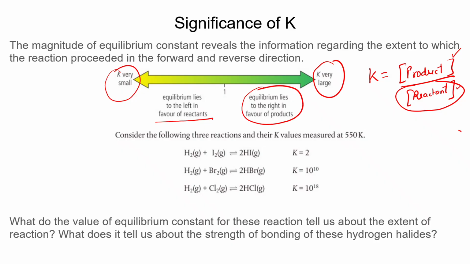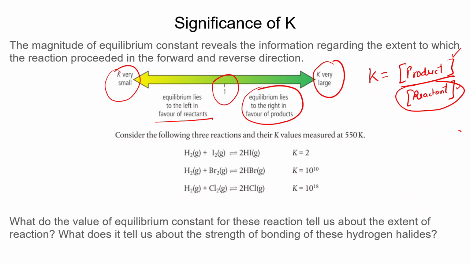So if you have a very high value of K, it means that you have more of product, so you say the equilibrium lies to the right. If you have a very small value of K, you say it's an equilibrium which lies to the left, and the equilibrium favors the reactant concentration. And the value of reference here is 1.